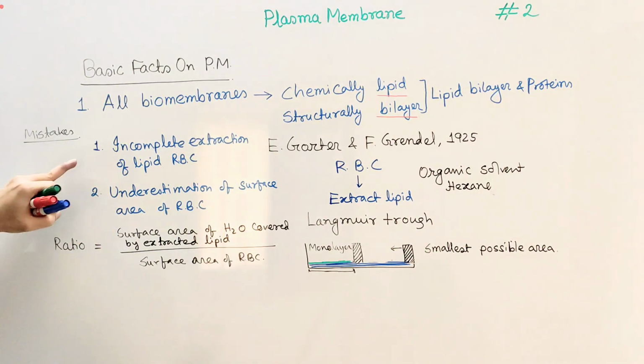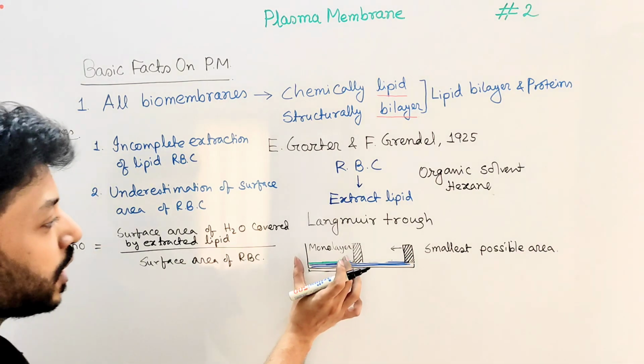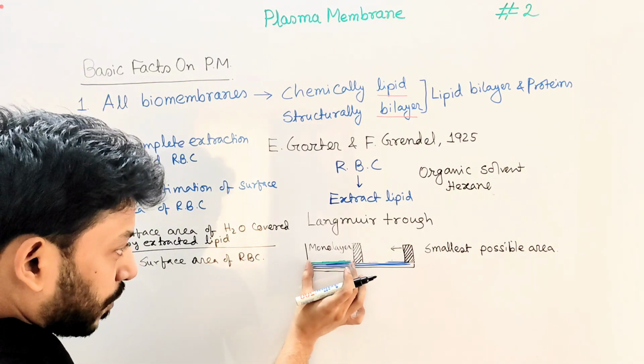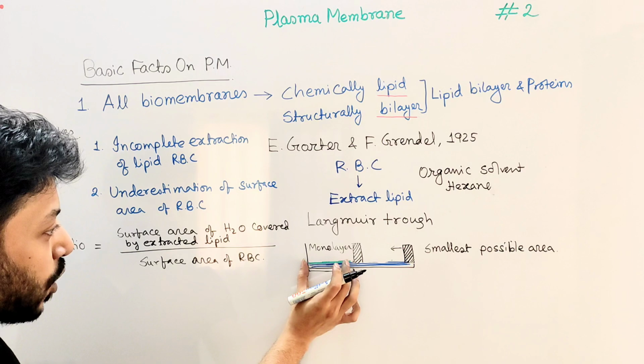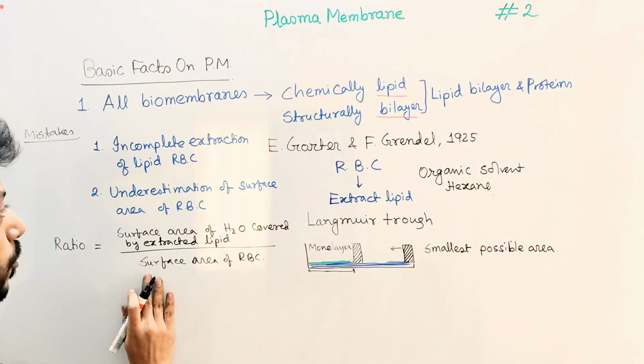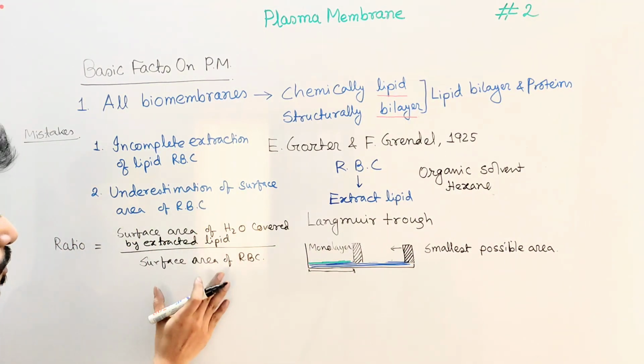Now, as I mentioned, they made two mistakes: incomplete extraction, so there must be less surface area of lipids, and also they underestimated the surface area of the red blood cells.